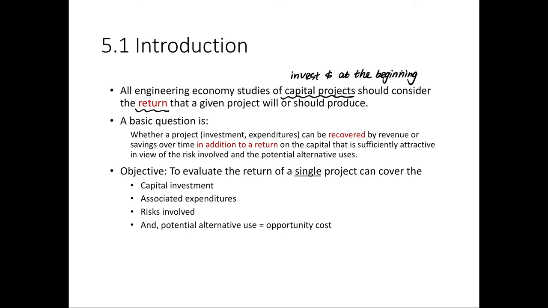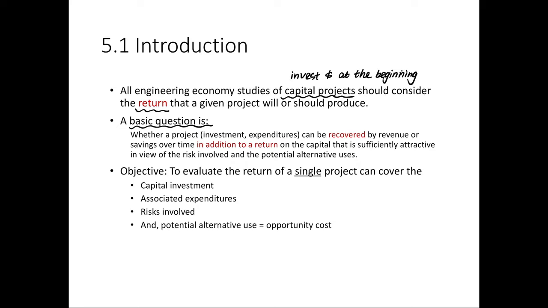So the basic question is whether a project's investment and all the expenditures along the timeline can be recovered by revenue or savings over time, in addition to a return on the capital that is sufficiently attractive in view of the risk involved and the potential alternative uses.